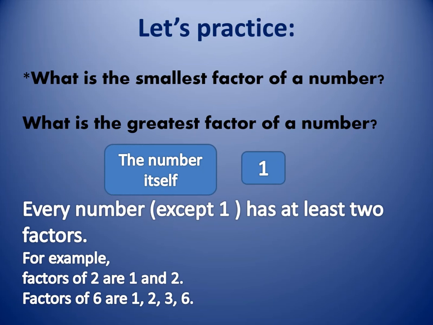For example, factors of 2 are 1 and 2, and factors of 6 are 1, 2, 3, 6. But factors can never be more than the number given to you. Point to remember is, factors can never be greater than the number given to you.